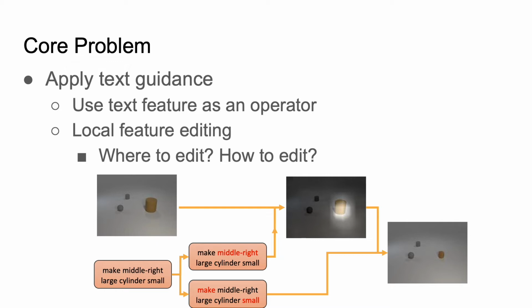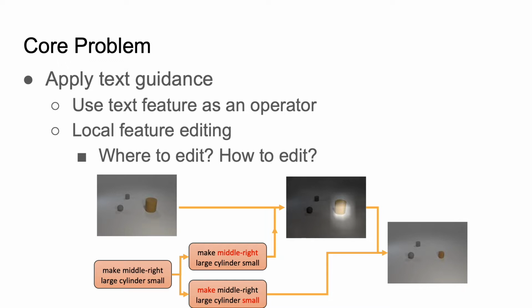Basically, we want to decompose the image generation process into two parts: finding out where to edit and finding out how to edit. For where to edit, we want to highlight the region of the input image that needs editing. And for how to edit, we want to edit the highlighted area using the information given by the text.